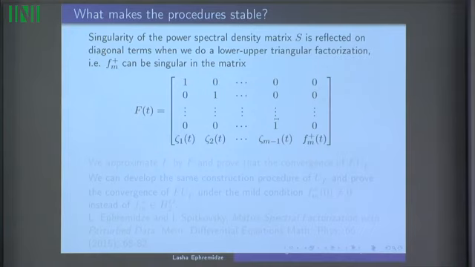is sustainable for measurement errors. What makes us think in such a way is that when we have a singular matrix and make the triangular factorization, the singularity is translated into the singularity of this function. In the proof I presented, I used that this function was an outer function.